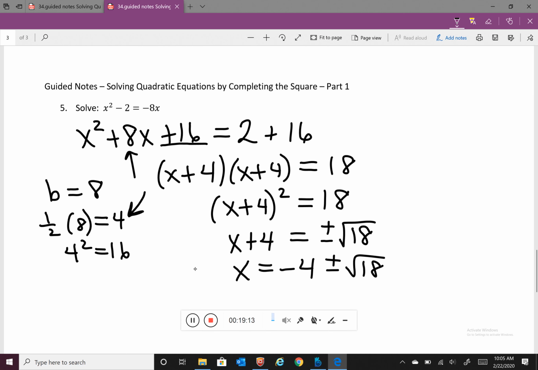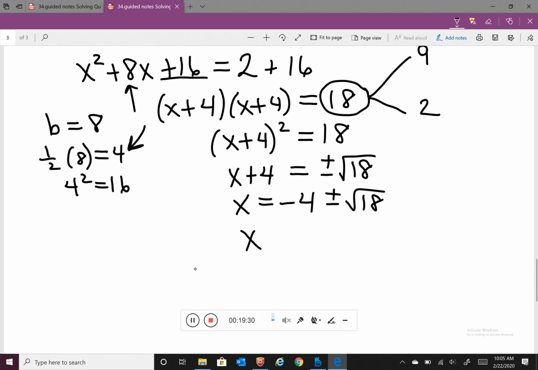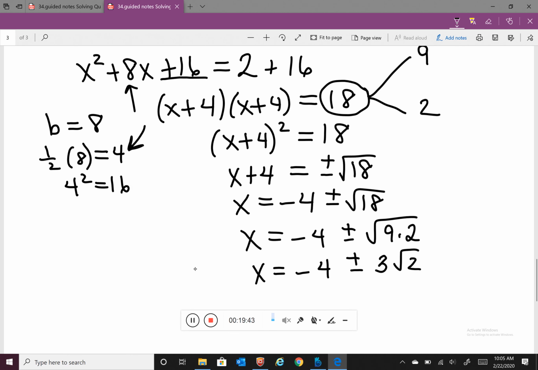And while 18 is not a perfect square, it does factor as the product of 9 and 2. So x is equal to negative 4 plus or minus the square root of 9 times 2, or negative 4 plus or minus 3 square roots of 2.